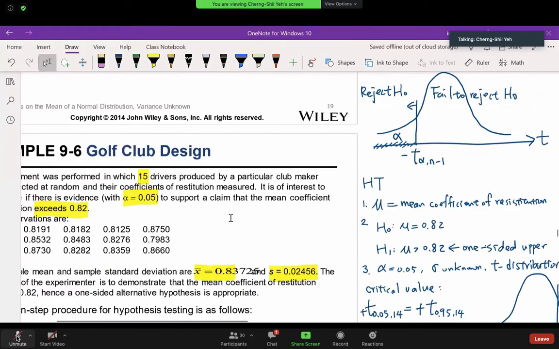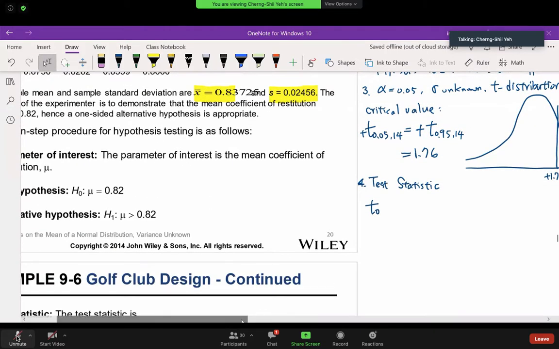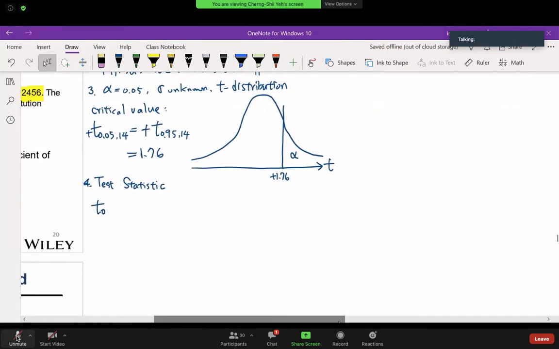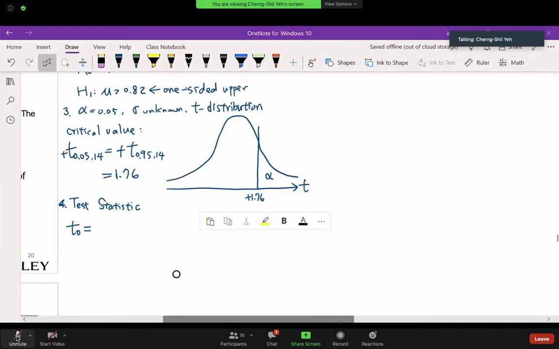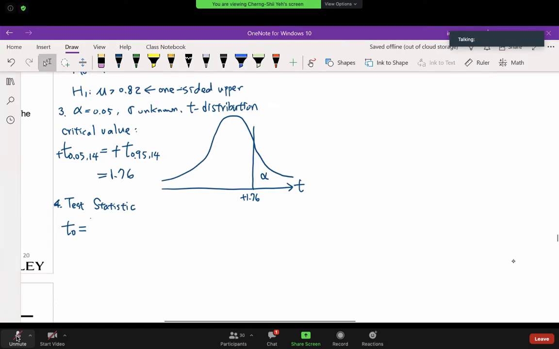And instead of Z naught, it's just T naught, right? Yes, the naught stands for test statistic, so we use that to differentiate from the critical values. It's the sample average, subtract what we believe the population mean is, divided by the standard deviation divided by the square root of n.